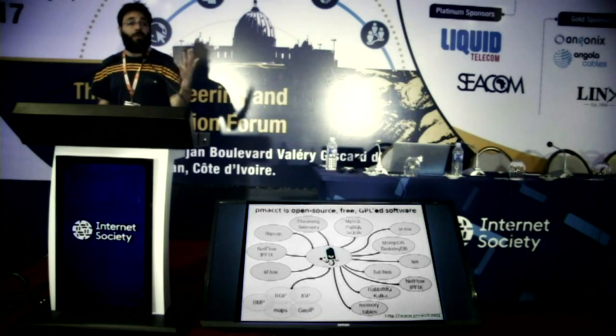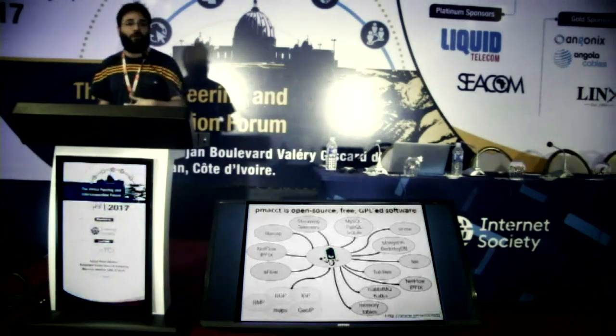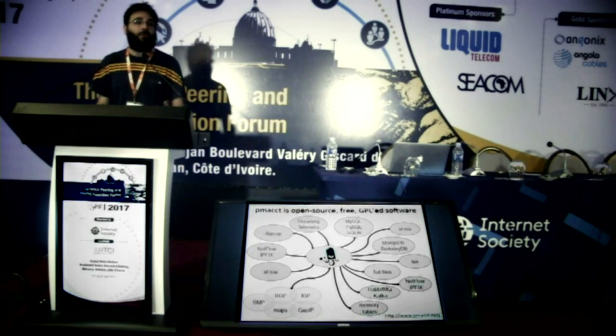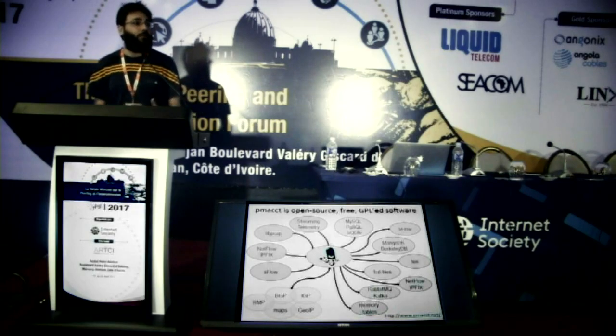BMP would be BGP monitoring protocol, GeoIP information with the MaxMind library, and also with the maps, so with external information. And the external information can be anything, right, that can be of interest, like, for example, correlating traffic flows to radius information. So that would be an example.